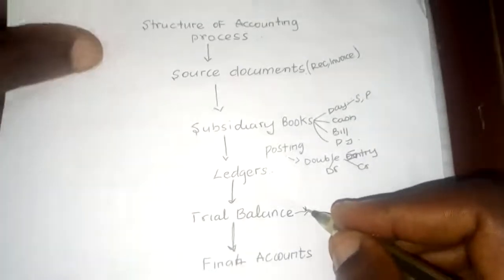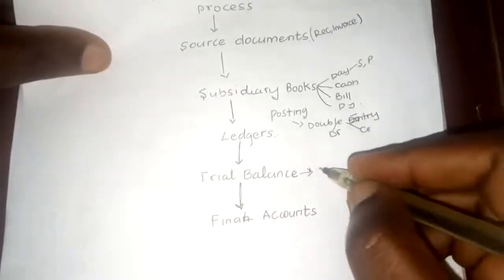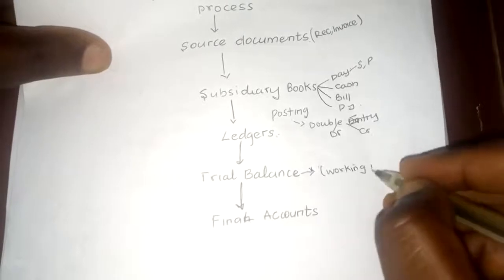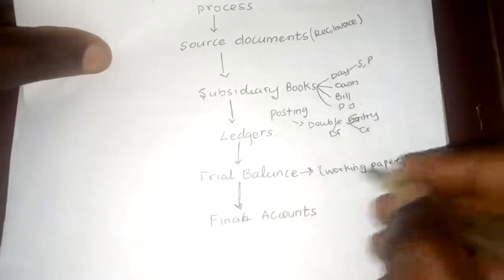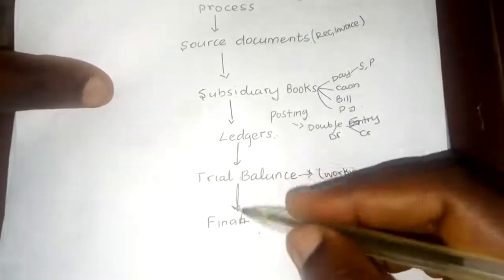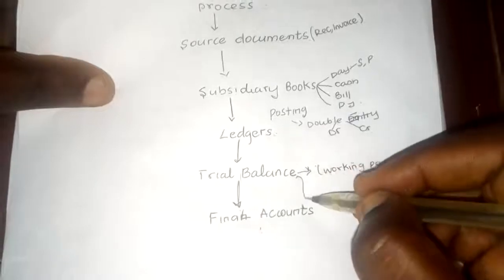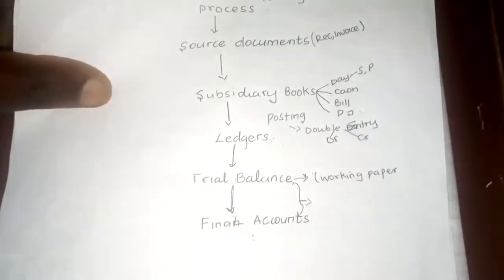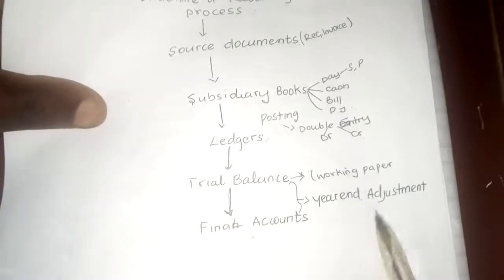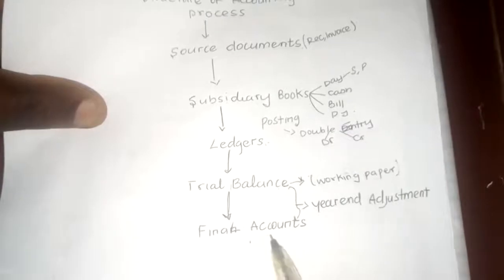From your trial balance, it will serve as a working paper for the preparation of the final accounts. But before you prepare your final accounts, between this trial balance and the final accounts, you must carry out what we call the year-end adjustments.